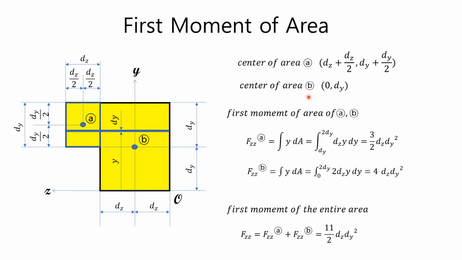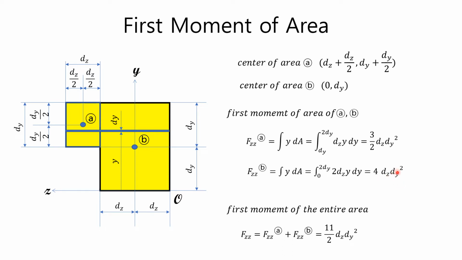We know the locations of centroids for each element A and B. By direct integration from dy to 2dy for area A and from 0 to 2dy for area B, we can get the final expression for area A and area B. Compared with the centroids of area A and B, each resultant value shows the product of area and the perpendicular distance of the centroid to the reference axis.